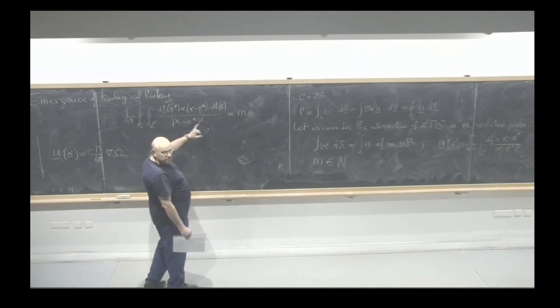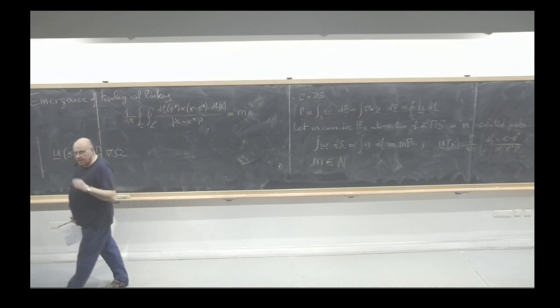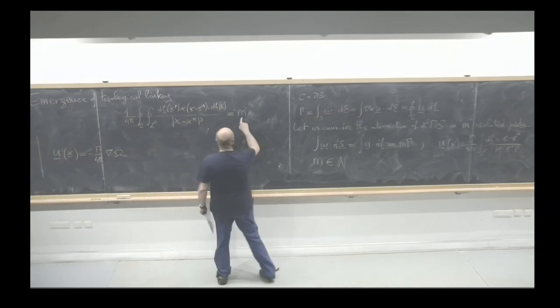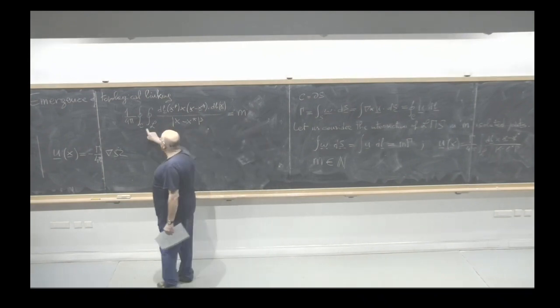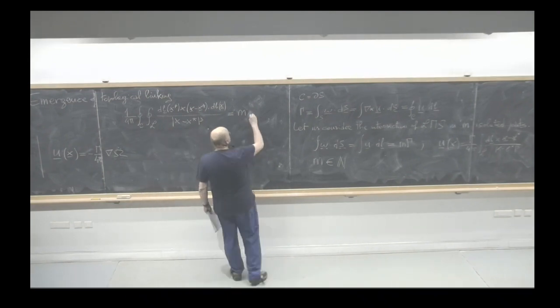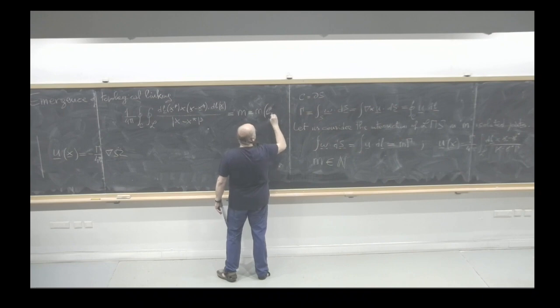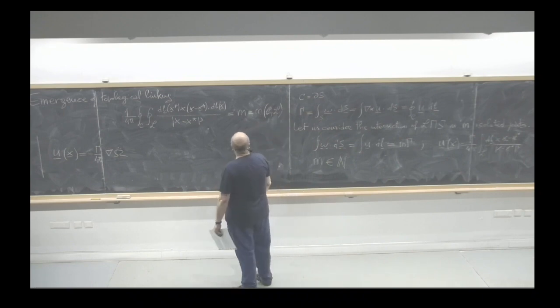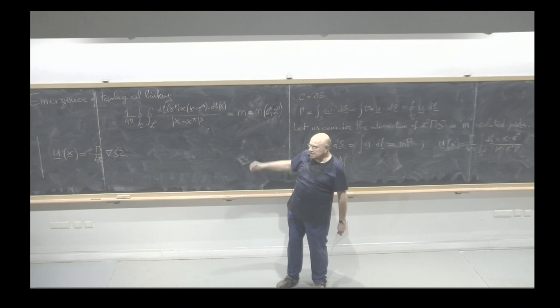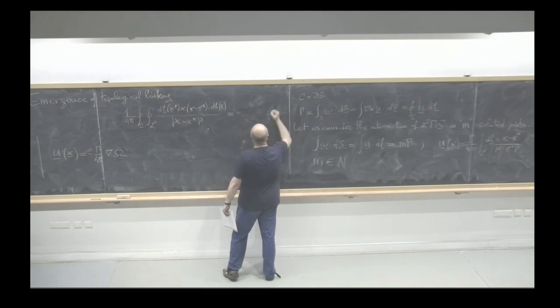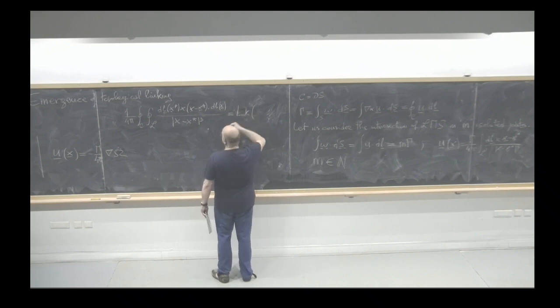It comes from this. So in other words, this quantity is measuring the linkage between these two curves. So I can say this is M of L and C, these two curves together. And this quantity is exactly Lk, the linking number of these two curves, C and L.